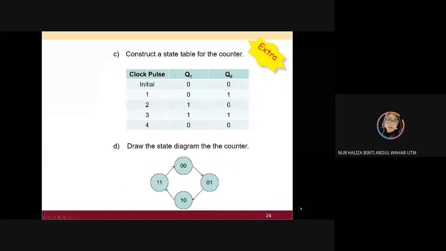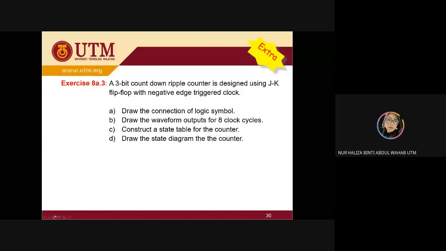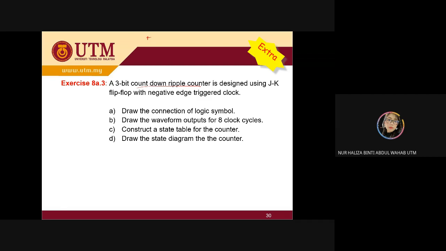Okay, next. This is a 3-bit countdown ripple counter. I remember the things: positive, counting up, counting down. If I have positive counting up, I'm going to connect to my Q bar.